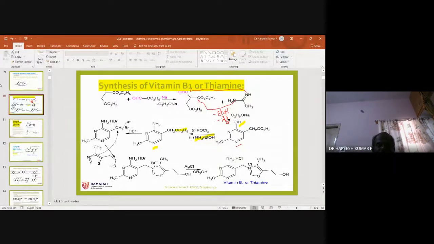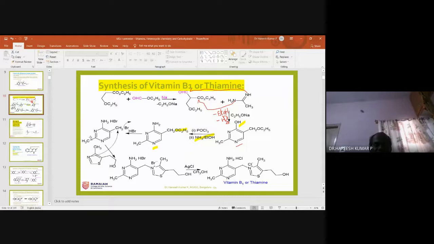Once the bromide is formed, it is treated with a compound called thiazole, a thiazole derivative. The lone pair present on the nitrogen of the thiazole will form a bond with this carbon, or more particularly this benzylic carbon.